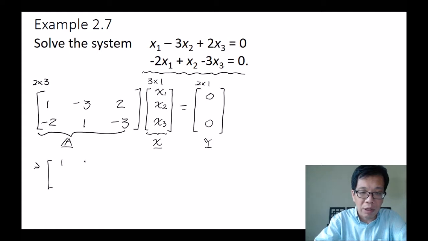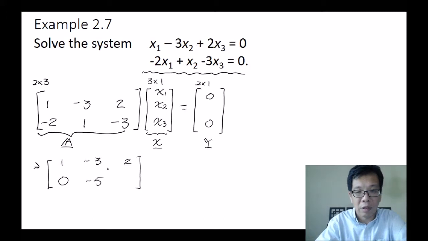We have -3 over here. We are going to make this one equal to 0. -5. And this one is going to be 0.